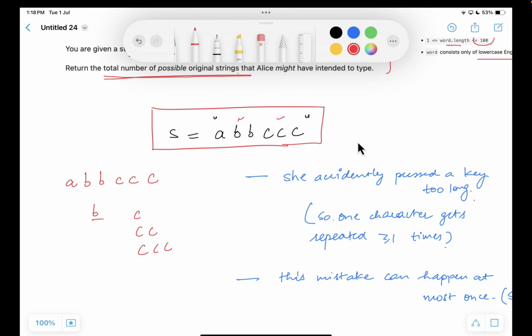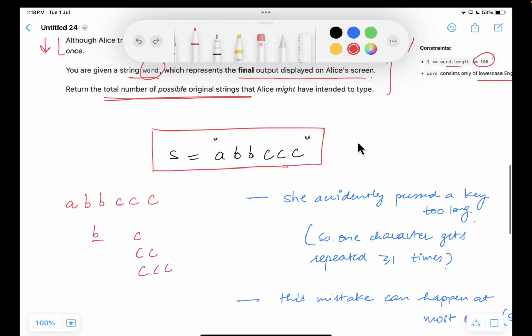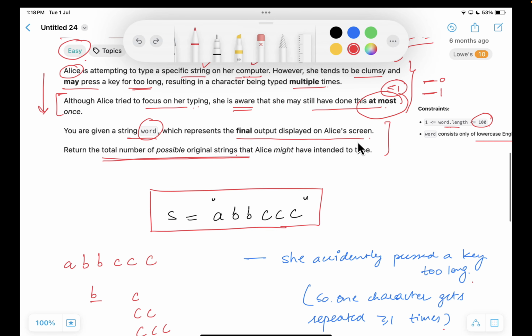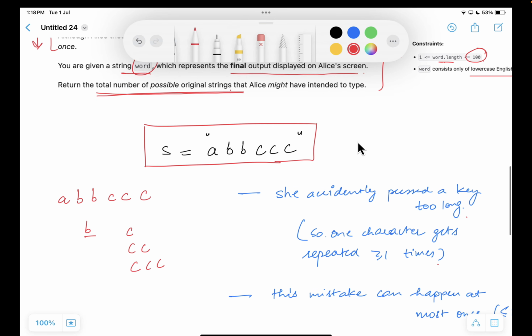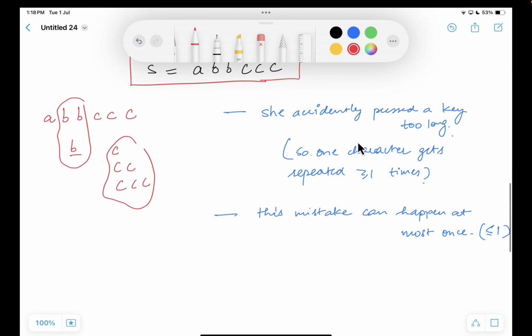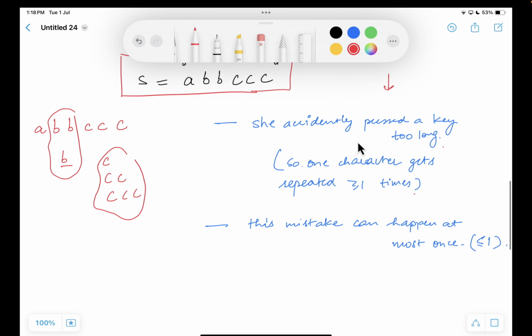B can also be part of the mistake, but she has already told us that she is going to make the mistake only one time, not more than one time. So either B is contributing to the mistake or C is contributing to the mistake. Let me give you a brief of this problem statement again. She accidentally pressed a key for too long, so one character gets repeated multiple times.